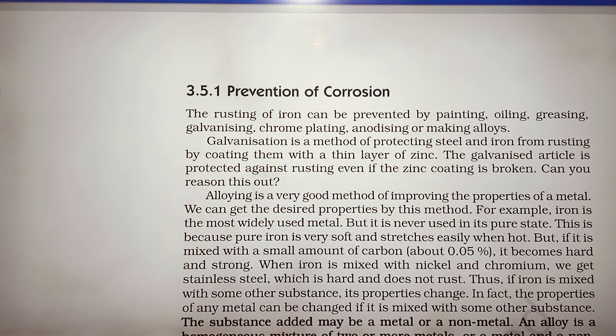Okay, so if we galvanize any article, then it is protected by the zinc coat. Now the next method given is alloying, which is a very good method of improving the properties of a metal.